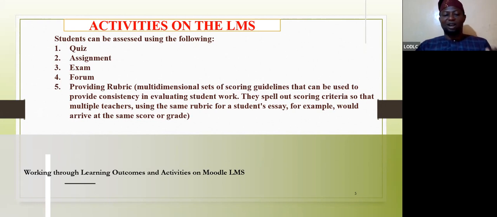When we are talking about formative assessment, the first thing we think about is that this assessment measures how a student is learning during the course of study.